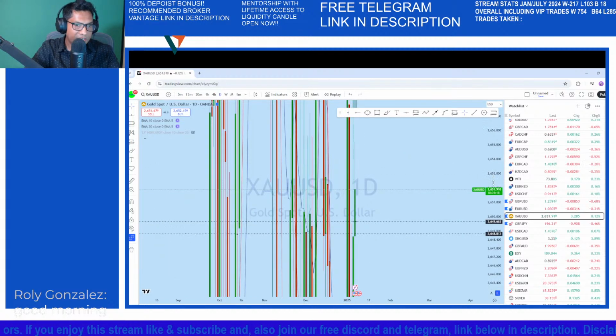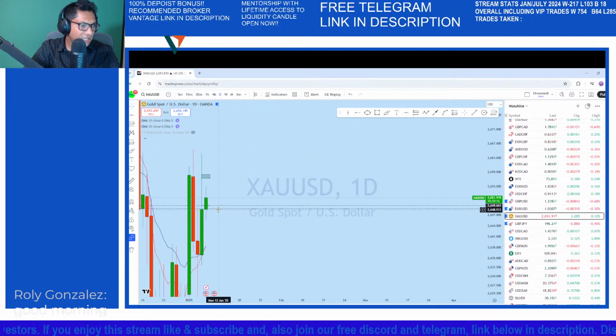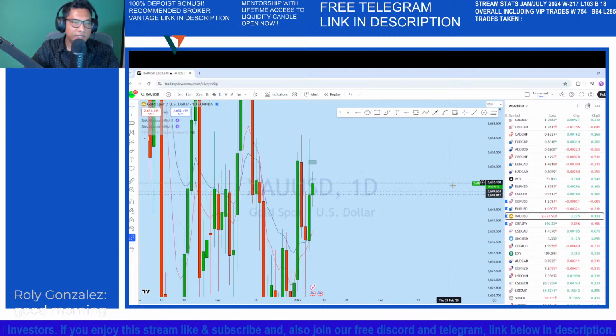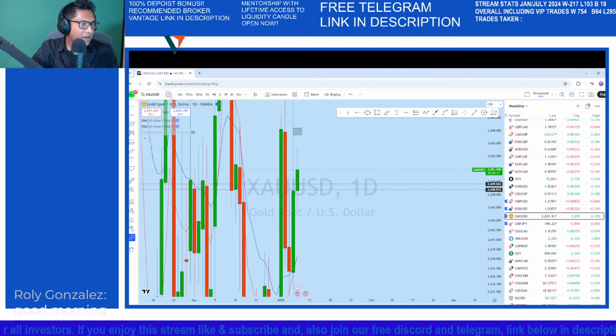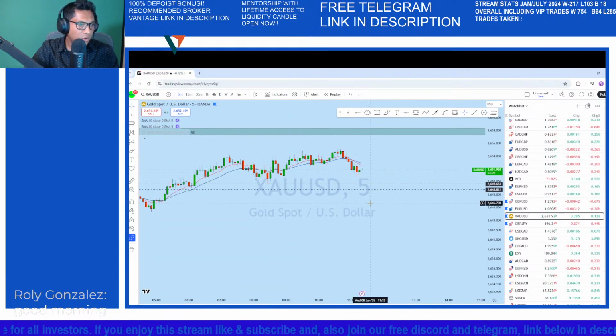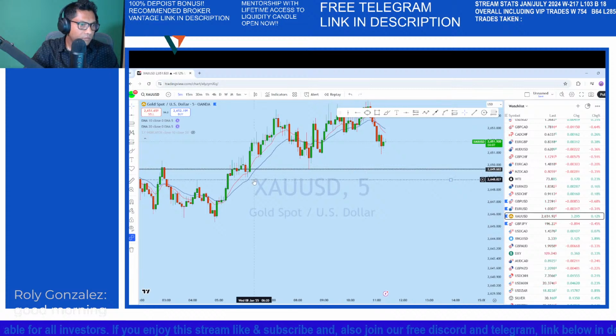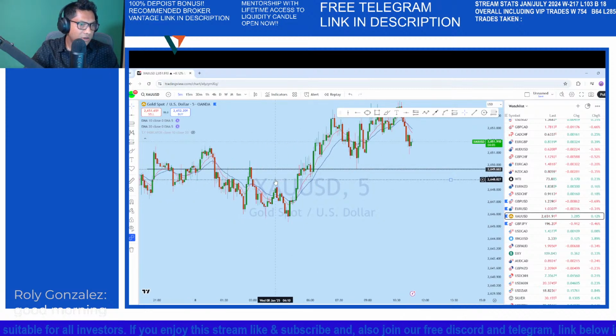If you look at the daily, this is also the daily support on XAU USD, and I will be marking up both levels. This is a key level, an order block here.